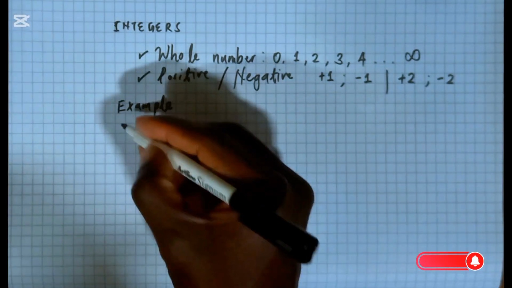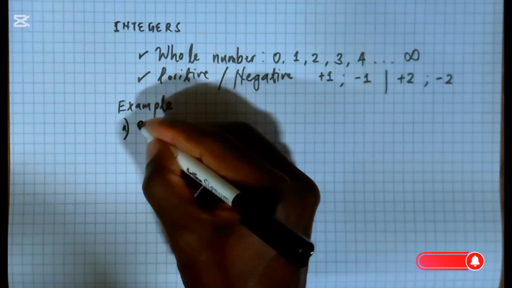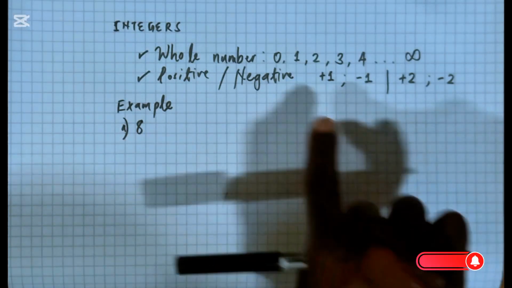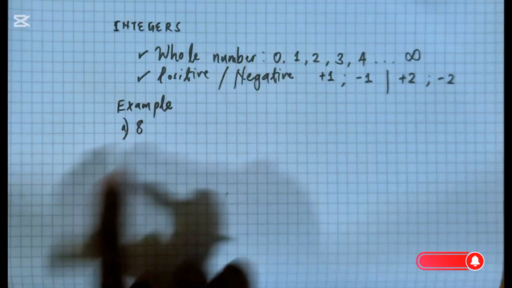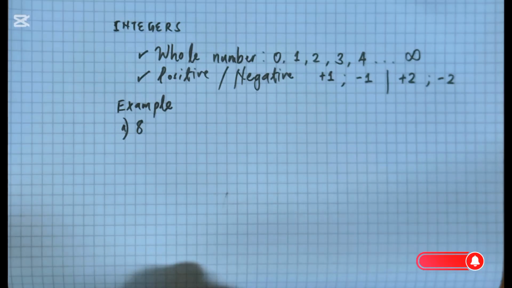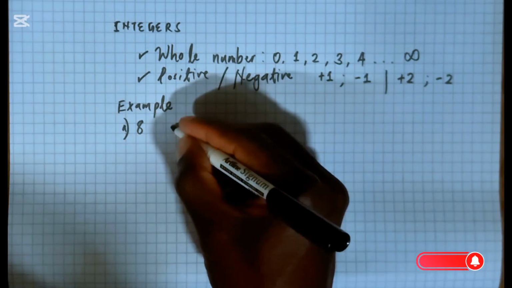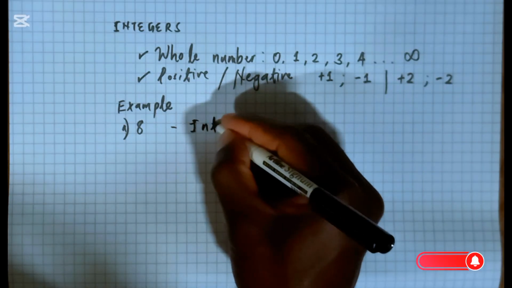The first number I'm going to write here is 8. Being a whole number, as you can already see, which can be either positive or negative, it qualifies to be an integer. 8 here is a positive integer, so 8 is an integer.